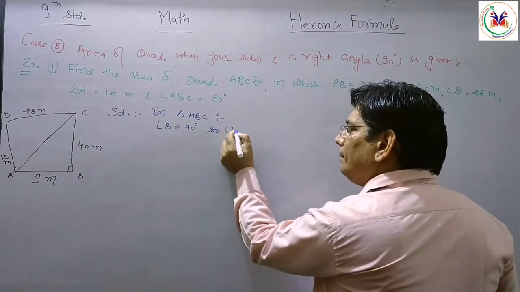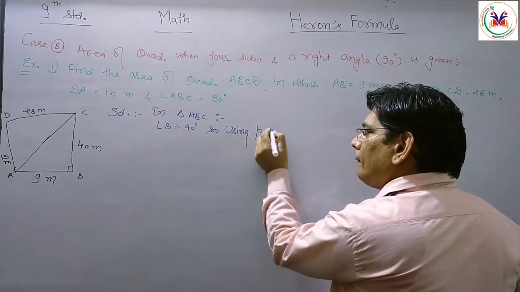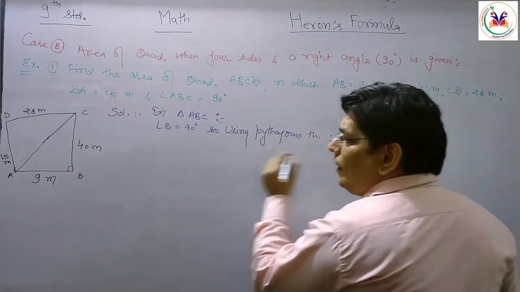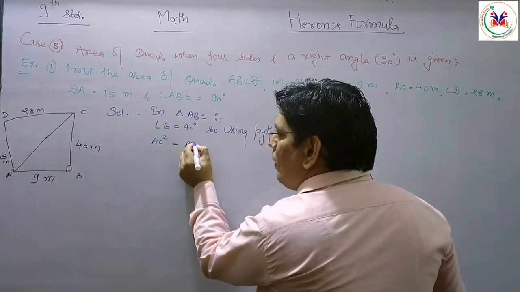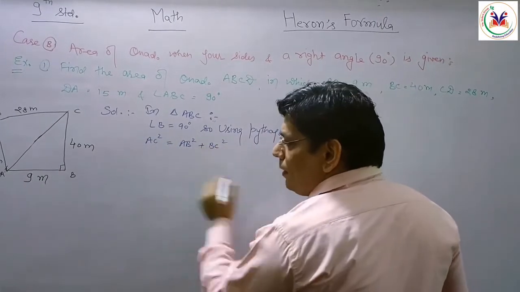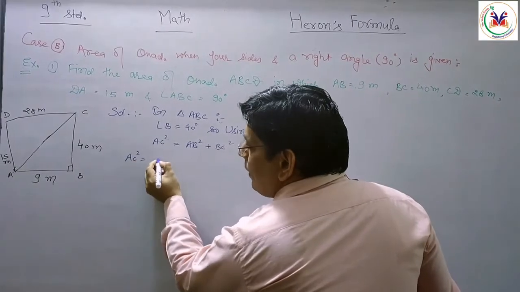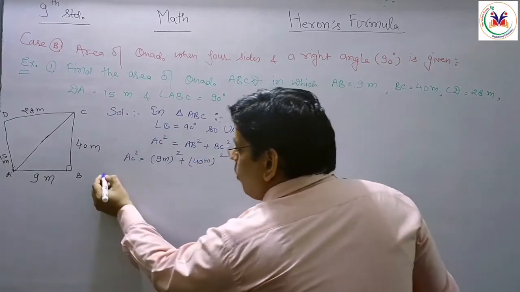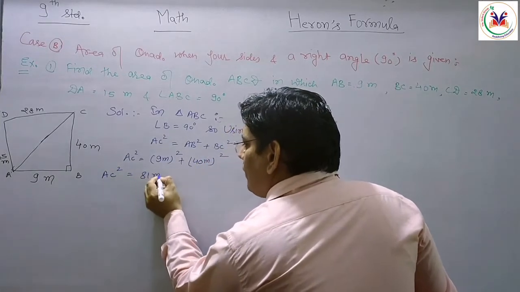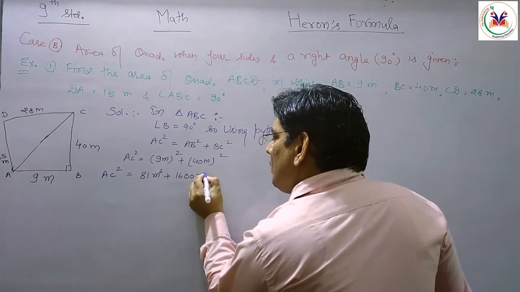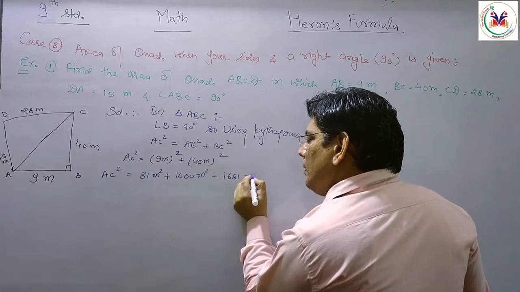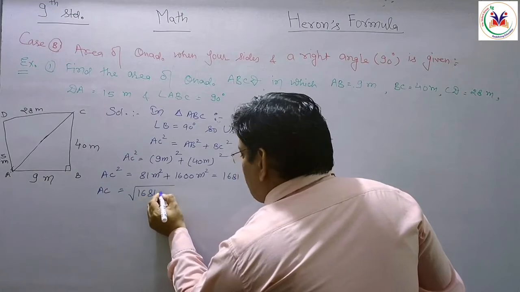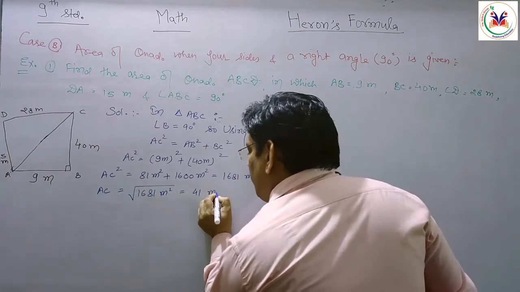So using Pythagoras theorem we can say that AC square equals AB square plus BC square. Now AC square we should calculate. AB 9 meter square plus 40 meter square. AC square equals 81 meter square plus 1600 meter square, that will be 1681 meter square. And when we calculate AC, that will be under root 1681 meter square, or that will be 41 meter. Is that clear?